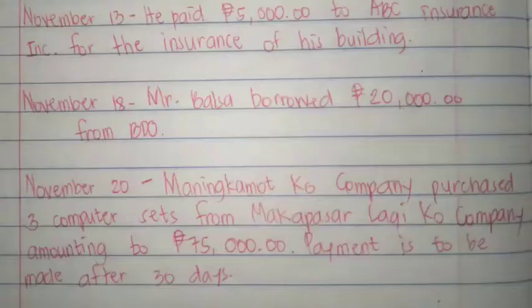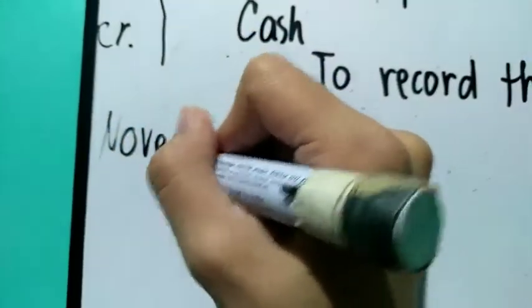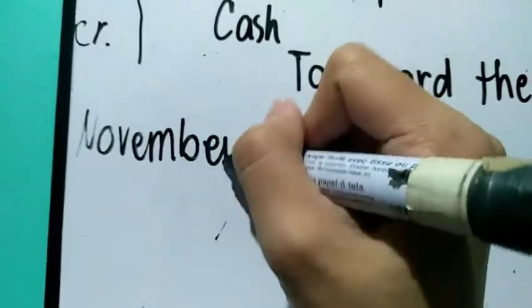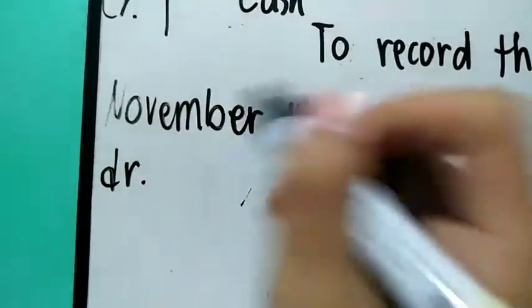Now for the next transaction. In November 18, Mr. Balsa borrowed 20,000 pesos from BDO. Now let's journalize it. Here we have November 18. So what is your debit?